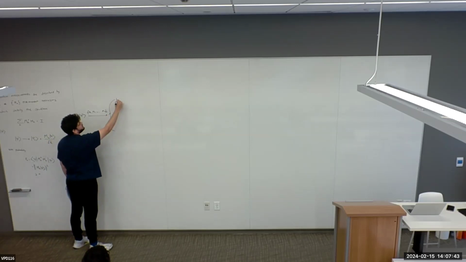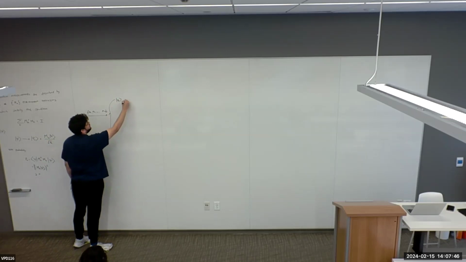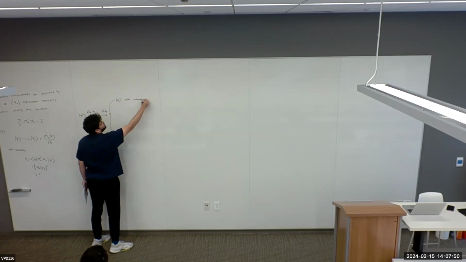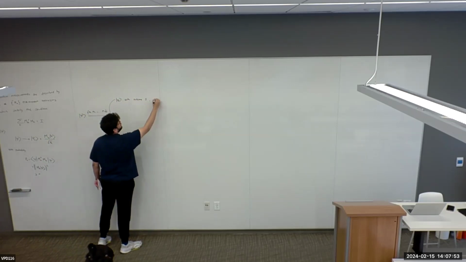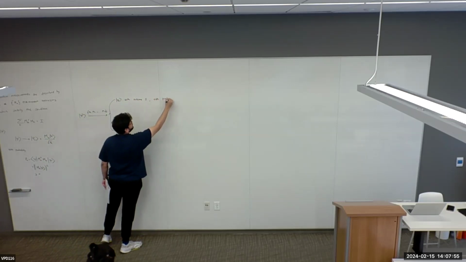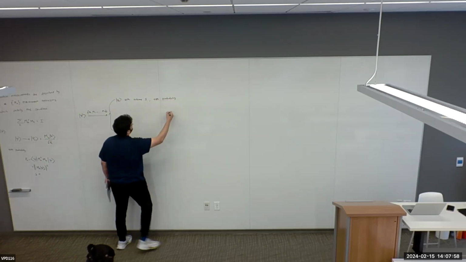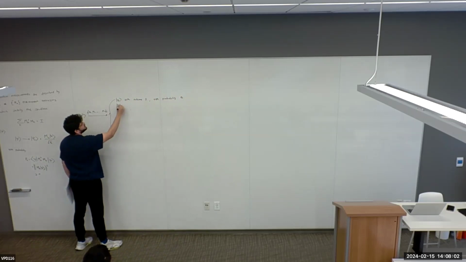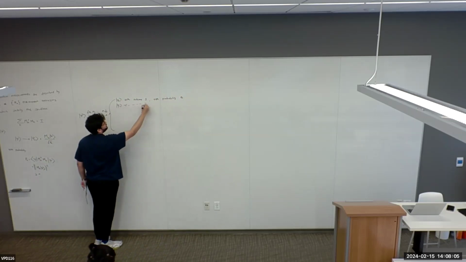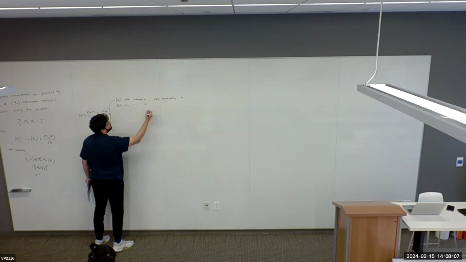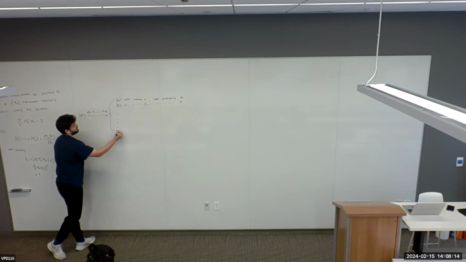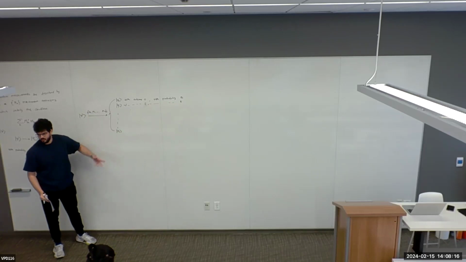You can get state psi 0 with outcome 0 with probability p0, state psi 1 with outcome 1 with probability p1, and you can have k different outcomes after your measurement.